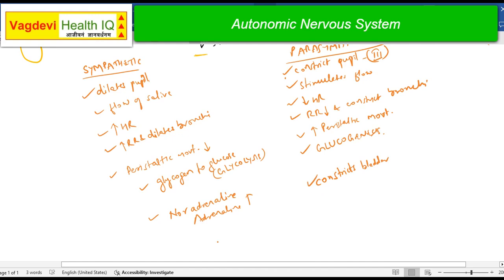Parasympathetic. Okay, sympathetic will, by the way, inhibit the constriction of the bladder. So this is how you should differentiate these two.